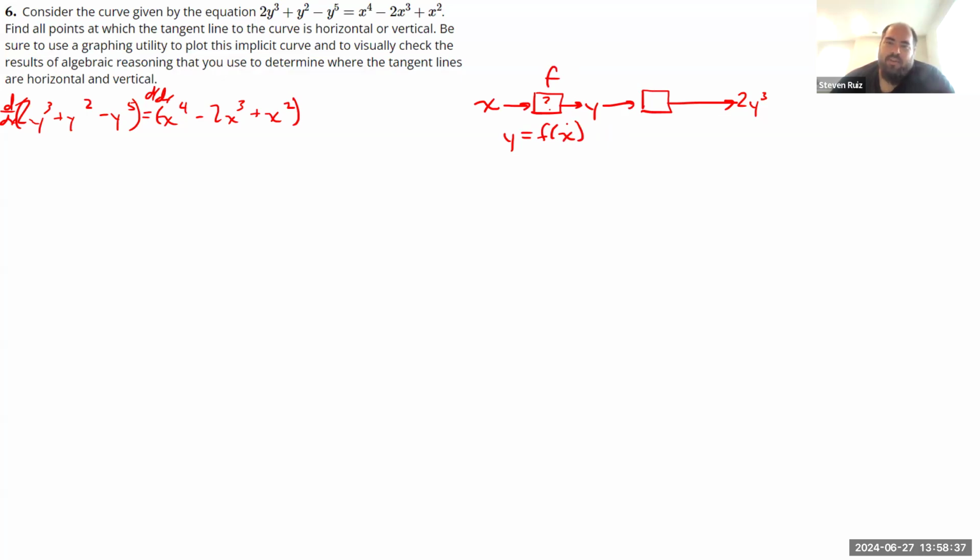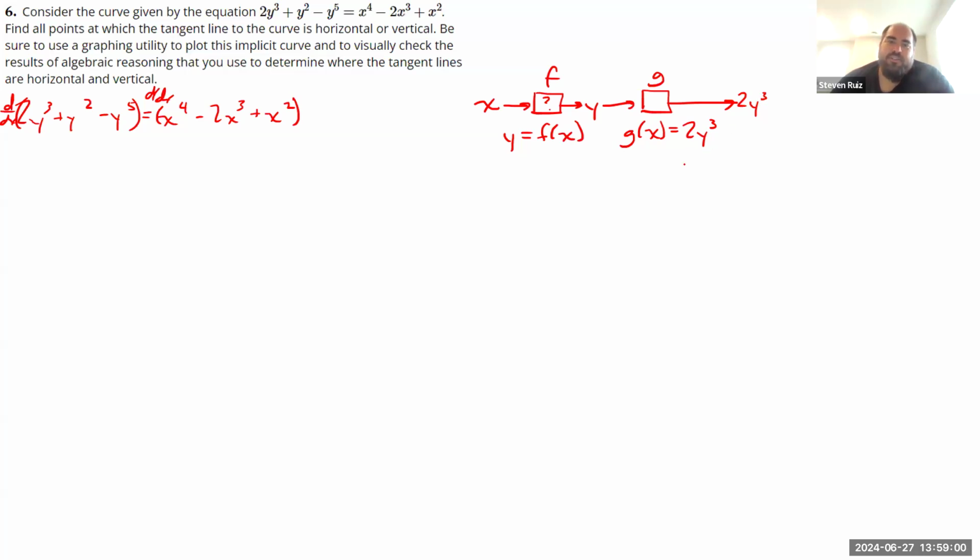So y equals f of x. But then what happens to y here? Well, this is another function. I'll call this g of x, and I'll say that's equal to 2y cubed. So when something comes into this block, this function here called g, first it gets raised to the third power, and then that gets doubled.